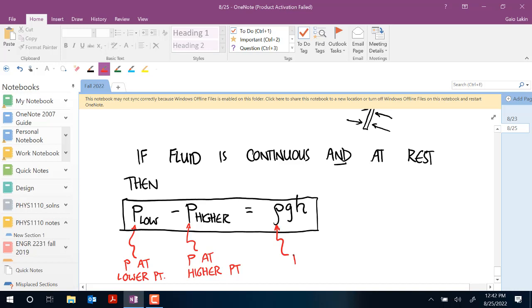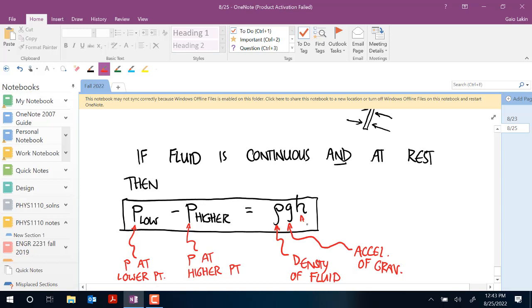Rho is the density of the fluid. G is the acceleration of gravity, so this could be true on the moon too, you just have a different acceleration of gravity there.